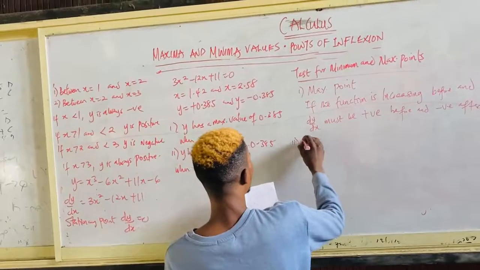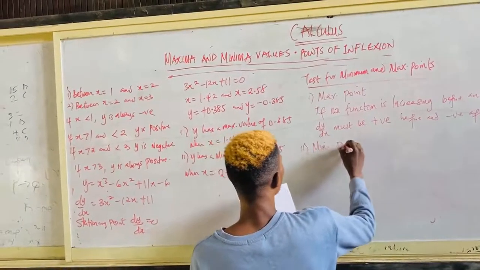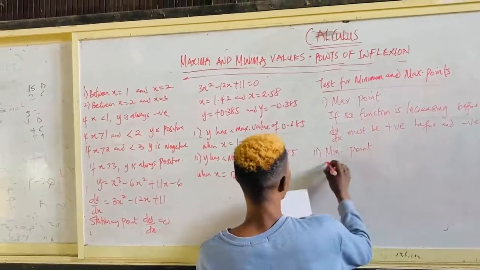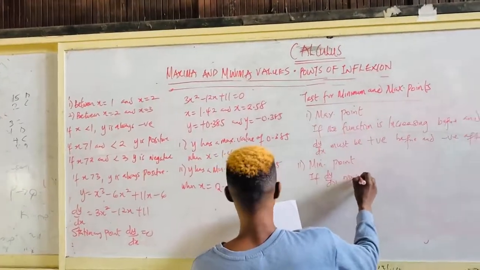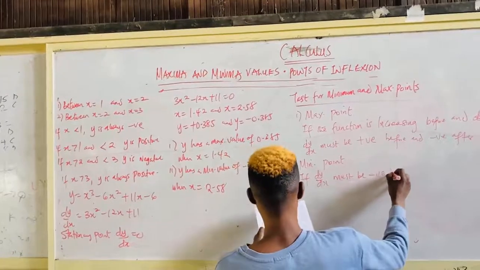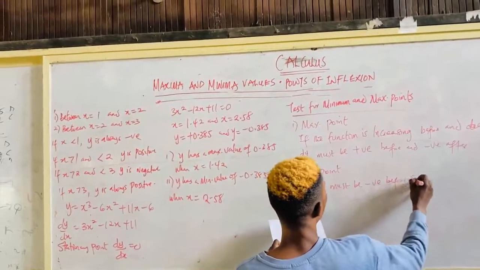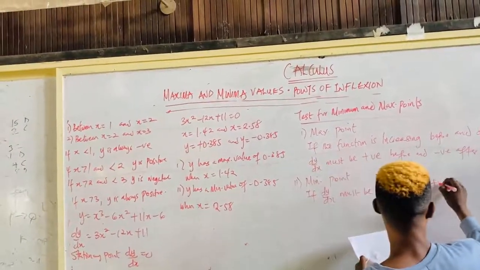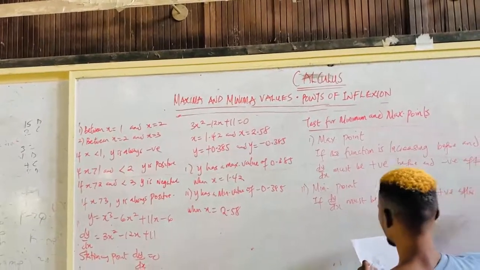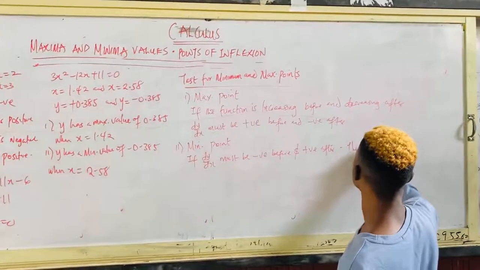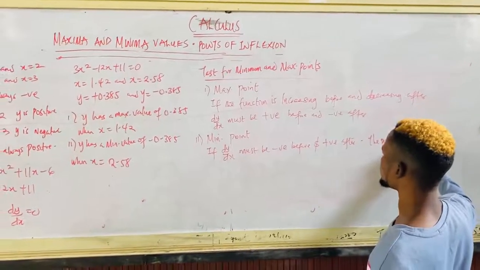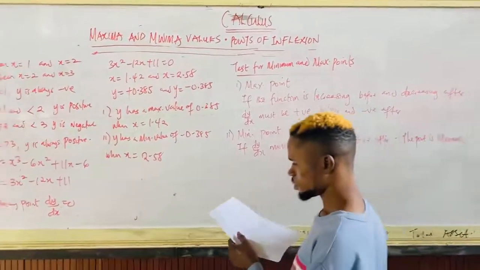Now for the minimum point, dy/dx must be negative before and positive after, the point is what? The point is minimum.